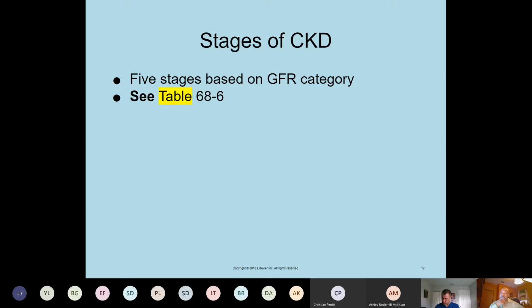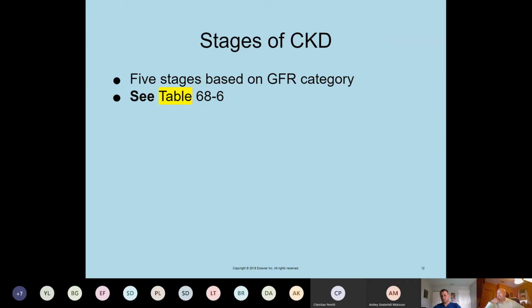Keep in mind also that a patient can have CKD that usually starts with a normal GFR. But even though their GFR is fairly normal, they still are at risk for developing kidney damage.